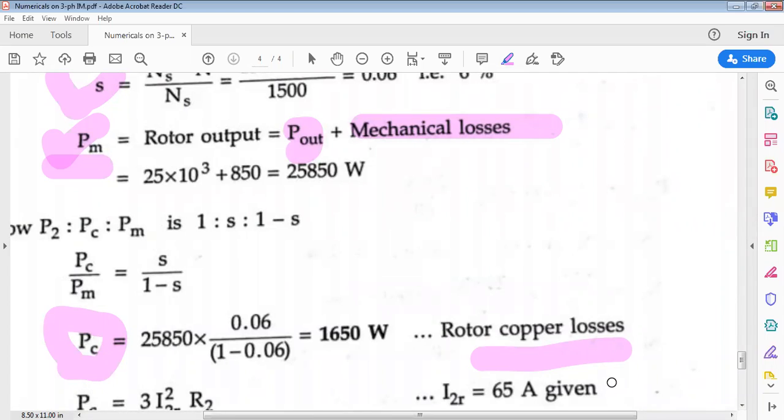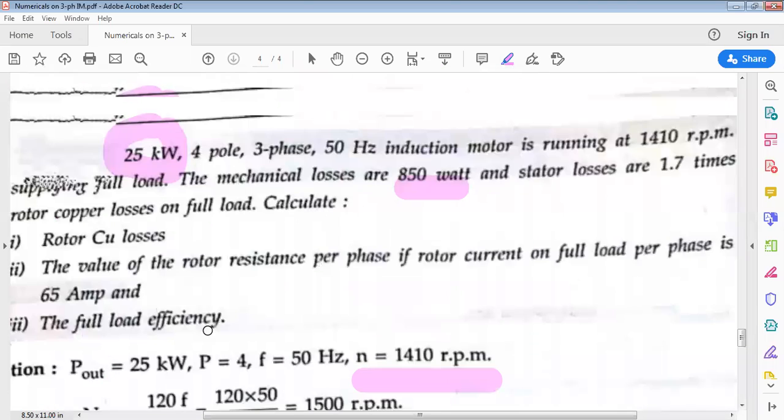Clear? Okay. Now once you get rotor copper loss, here what is given? The value of rotor resistance per phase. Calculate the value of rotor resistance per phase if the rotor current on full load per phase is 65 ampere. I told you, if nothing is given, consider it a star connection.